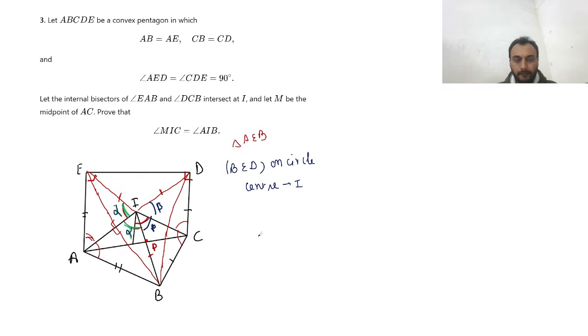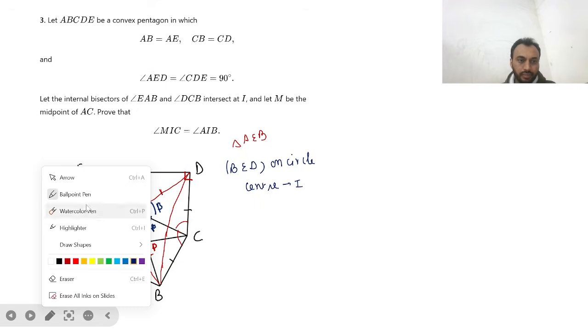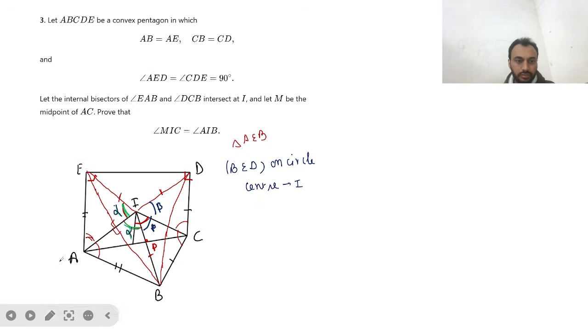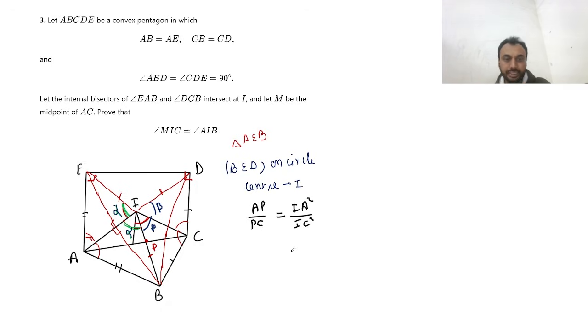Now we want to prove that IP is a symmedian. For that, if we somehow find out that AP by PC is equal to IA square by IC square, then I can say that IP is a symmedian, because this is the property, or we can say the converse of a symmedian: if this ratio is IA square by IC square, then it is a symmedian. So we want to prove IA square by IC square.